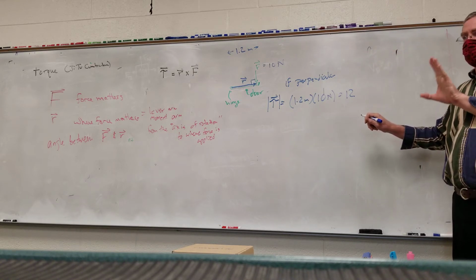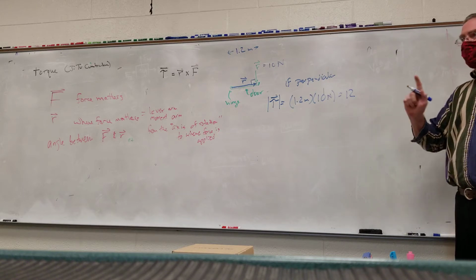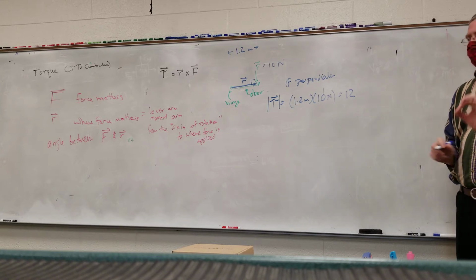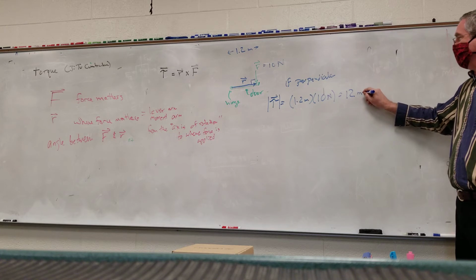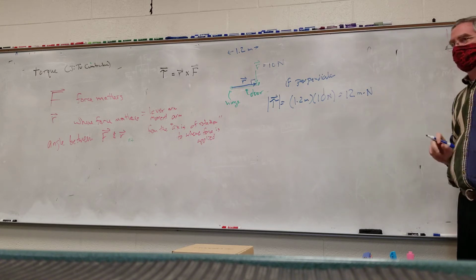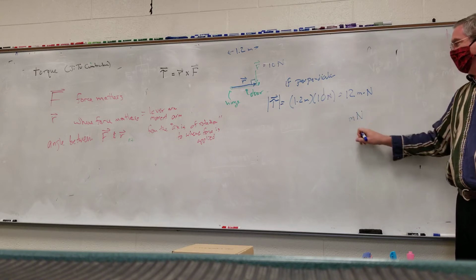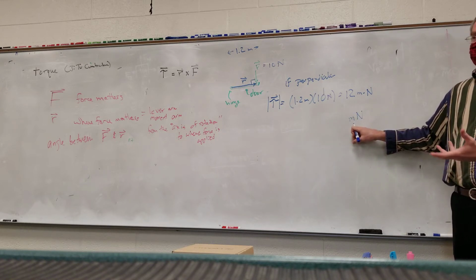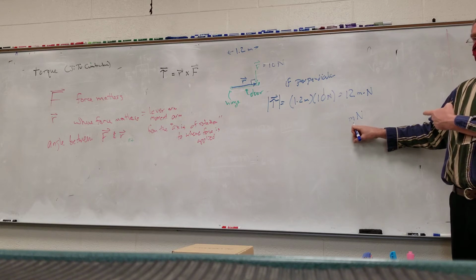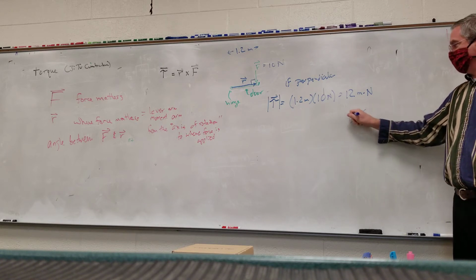So first off, meters times newtons. If you're going to write it like that, if you're going to put the meters first, you need to make sure you put a dot in between the meter and the newton. Because if you do not, if you just write meter times newton, that's actually a millinewton. This is a thousandth of a newton. This is a unit of force. So this would not be an appropriate way to write it.